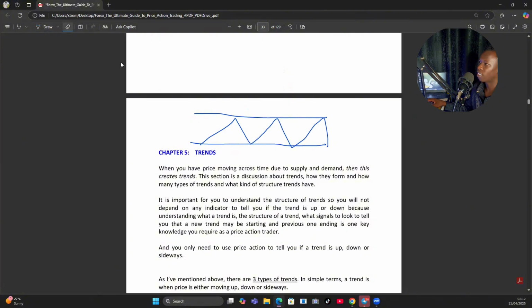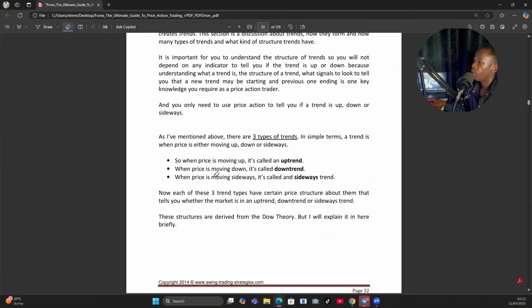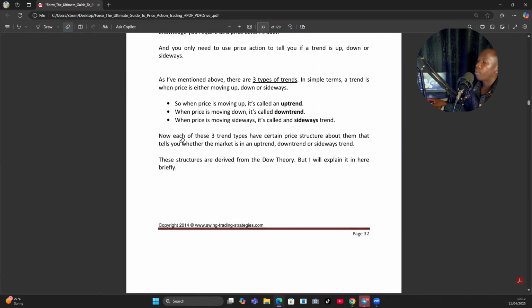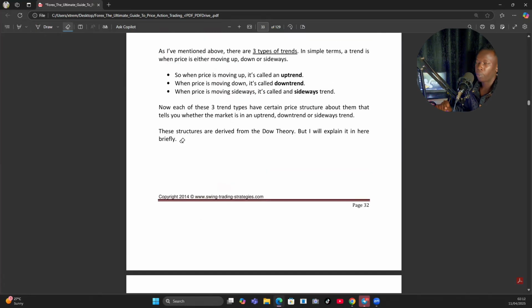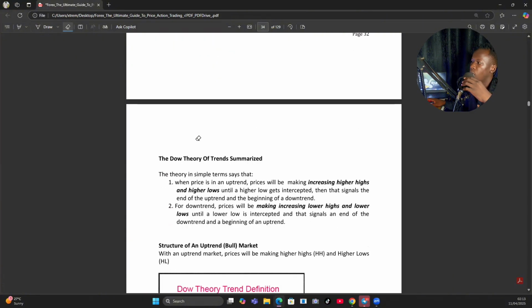This is what we call a sideway. In another video, we shall be learning more about trend, and also we shall break down support and resistance, and go through the theory of trend definitions.